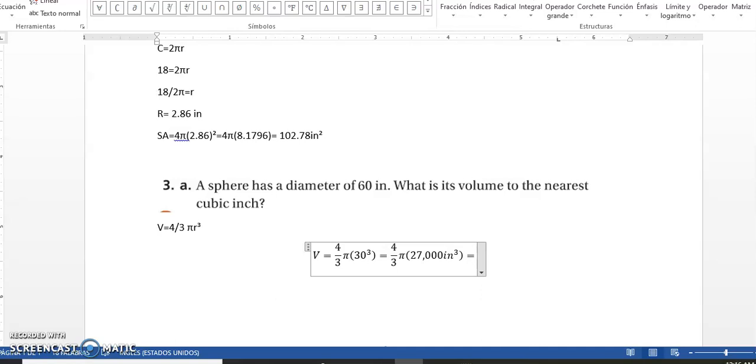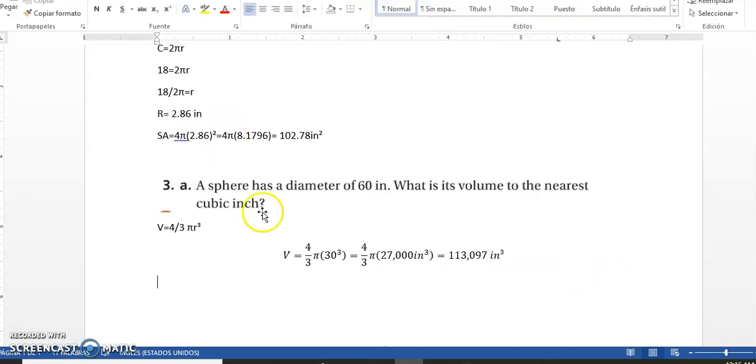Here we have to multiply by pi, by 4, and then divide by 3. And the answer is 113,097 inches cubed. And that is the final answer of this exercise.